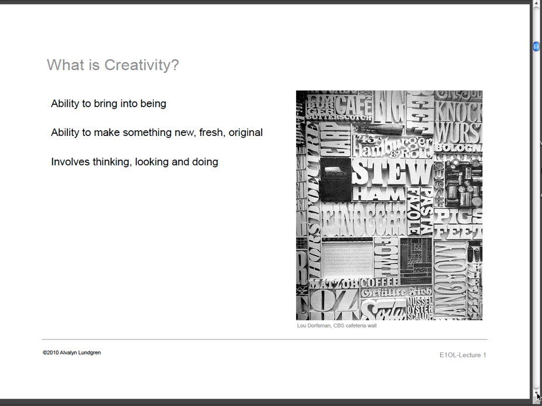It's the ability to be innovative and original, to improve upon ideas, to look at something and see something bigger and better, perhaps. And creativity involves thinking, it involves looking at things, it involves an actual practical step of doing.